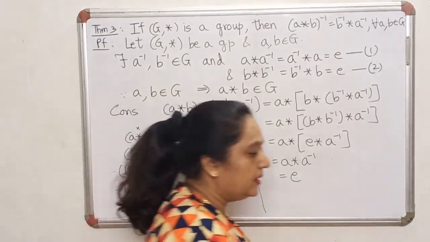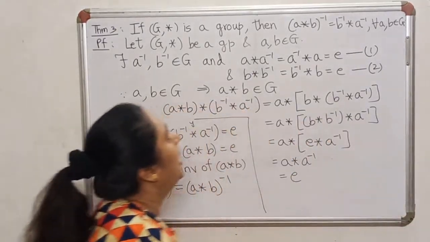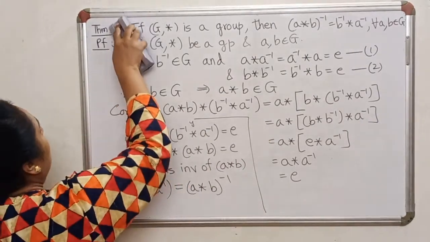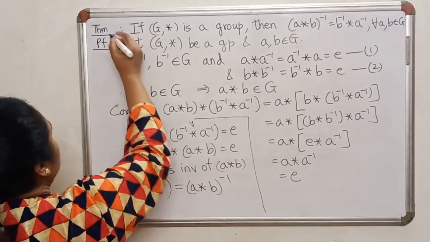Now we look at the next result, and the next property is going to be very important. It's called the cancellation laws.